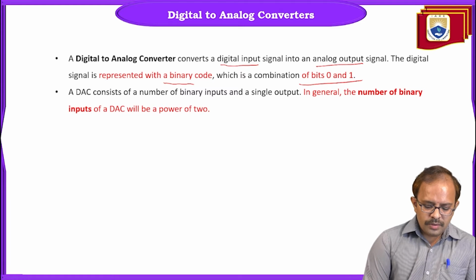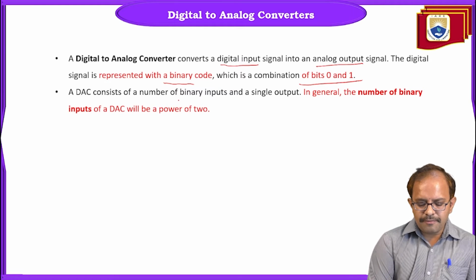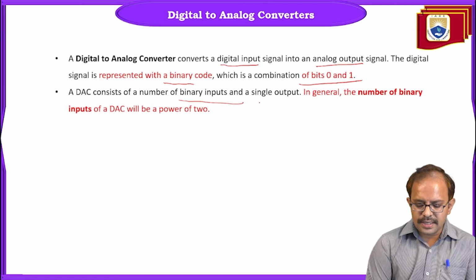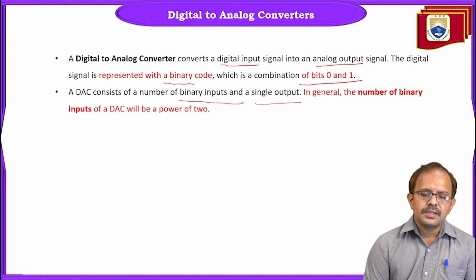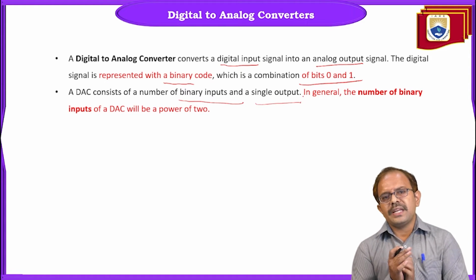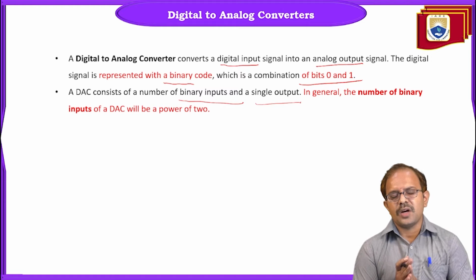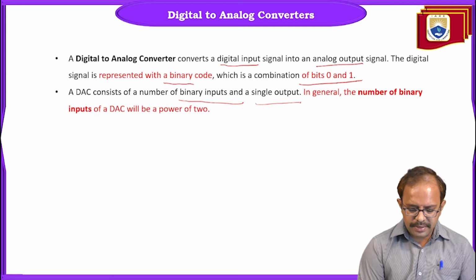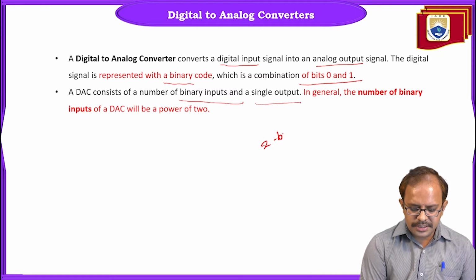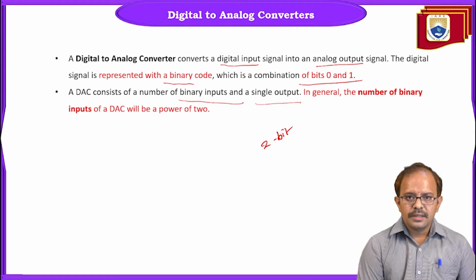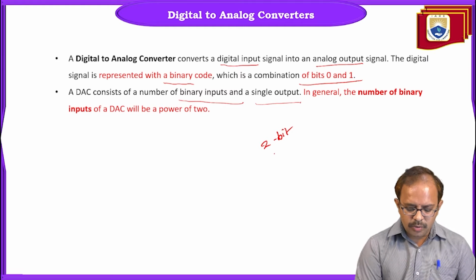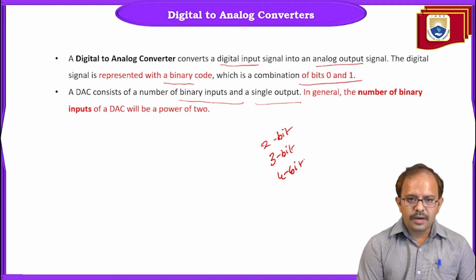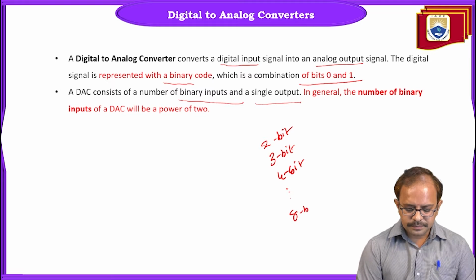Now let us look at this one. The number of binary inputs considered as a single output. So in general, what is the nature of the data? Digital data, how will it appear? It will appear as a sequence of data. It can be a 2-bit data, or it can be a 3-bit or 4-bit, or it can be an 8-bit data.